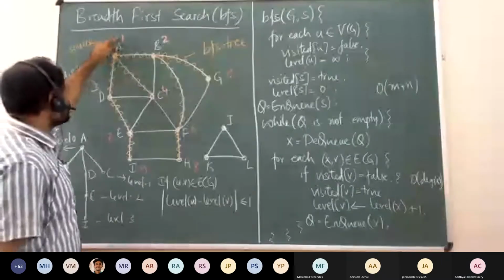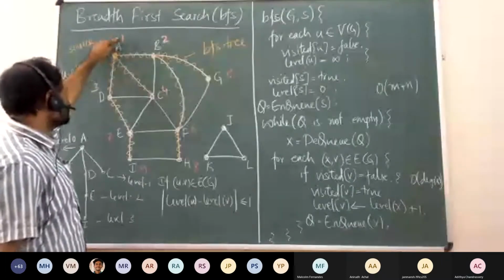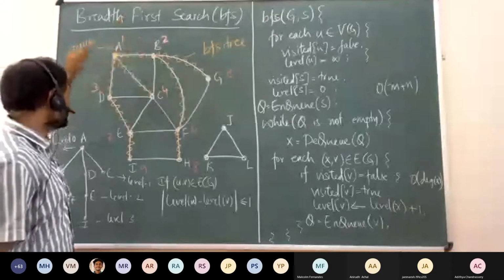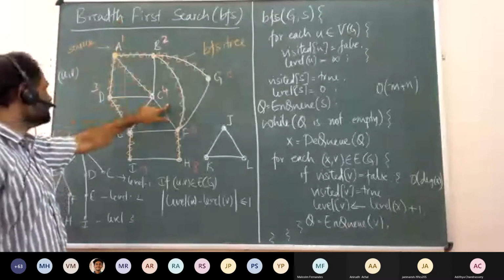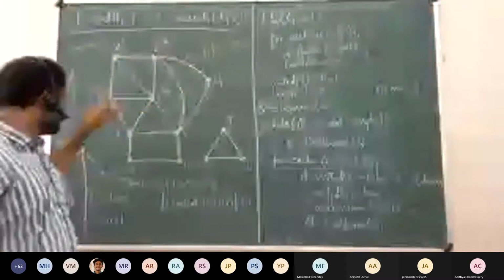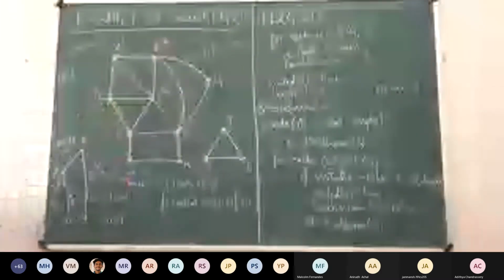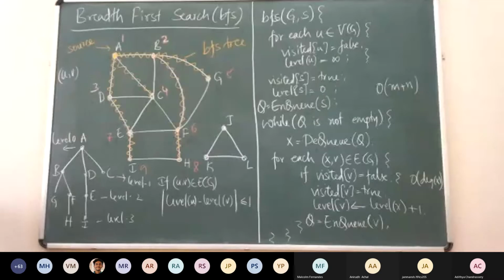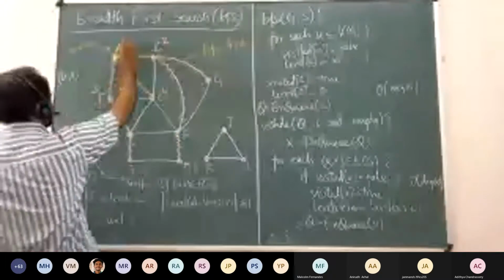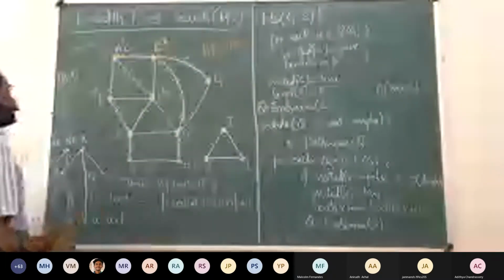So this is the first vertex inserted into the queue, then it is B, then D, then C, then G, F, E, H, I. It is just that order, it is not indicating levels. Okay, so is this color visible, what I am writing?